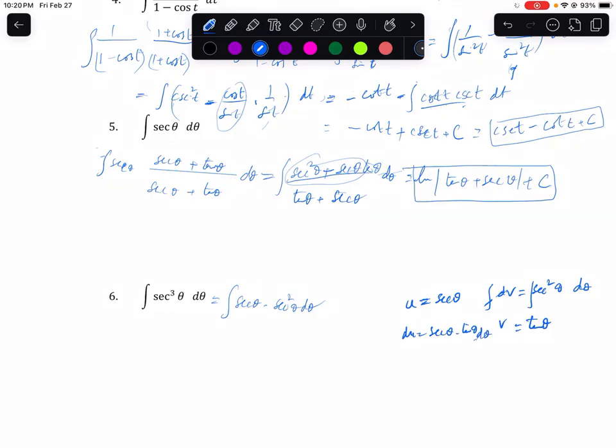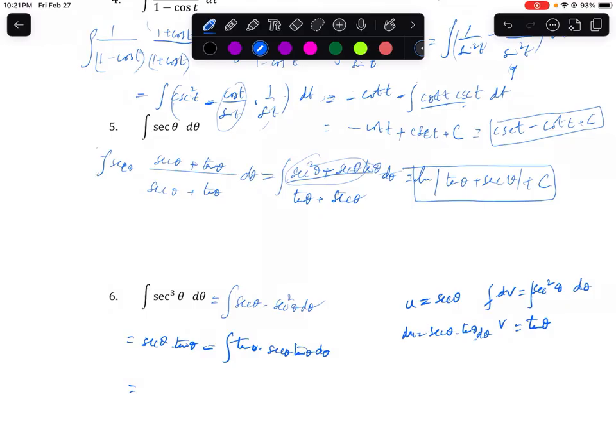So plugging in here, we get uv. So u is secant theta times v, which is tangent theta, minus the integral of v, which is tangent theta, times du. du is secant theta times tangent theta d theta.